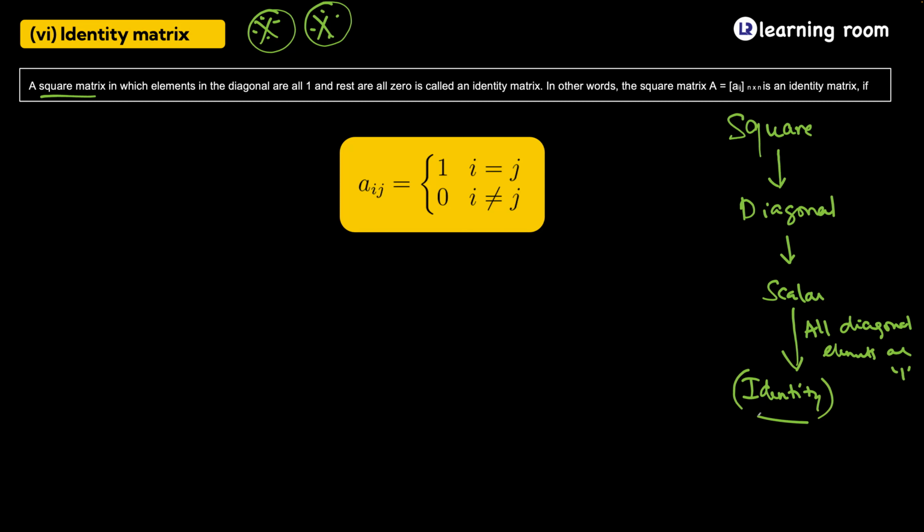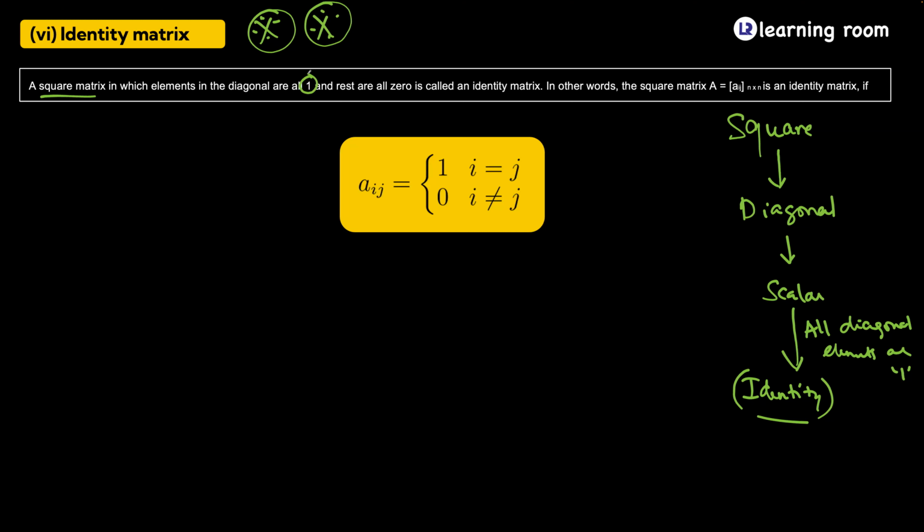This is the structure. A square matrix in which all the elements of a diagonal are 1 and the rest are all 0 is called an identity matrix.